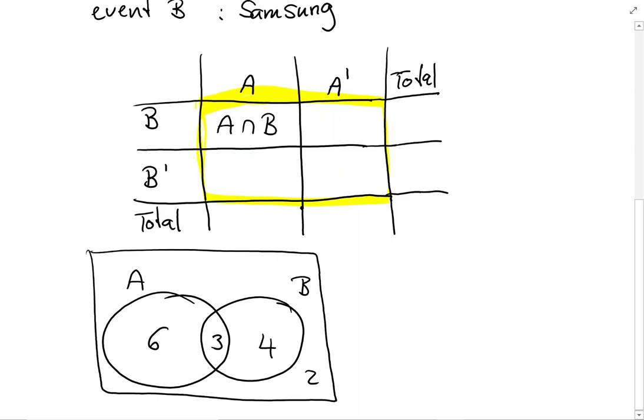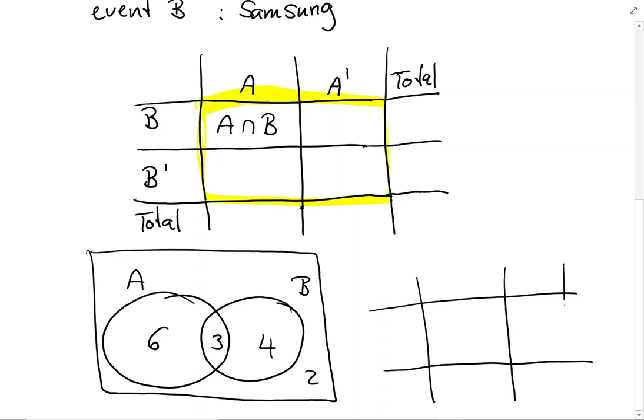That would be those people that have both. So for our example, I draw another two-way table that actually has all the numbers in here. Now A and B, well, I've just said that means both. And both is the intersection. So those are the ones here in the middle. So that's a 3.